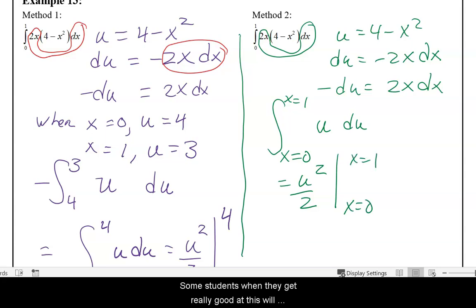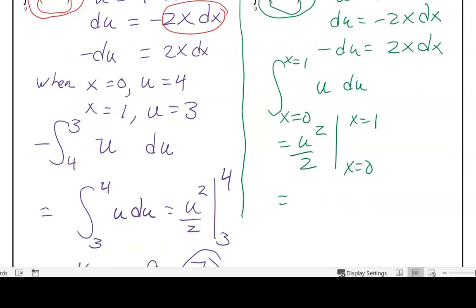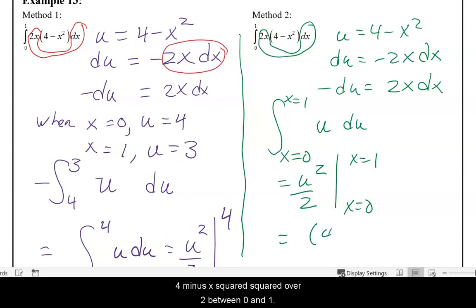Some students, when they get really good at this, will skip a step between here and here. Instead of writing the u here, from here they go directly and substitute this inside of the antiderivative. In other words, they would go directly to this step and they would write 4 minus x squared, all over 2, between 0 and 1.